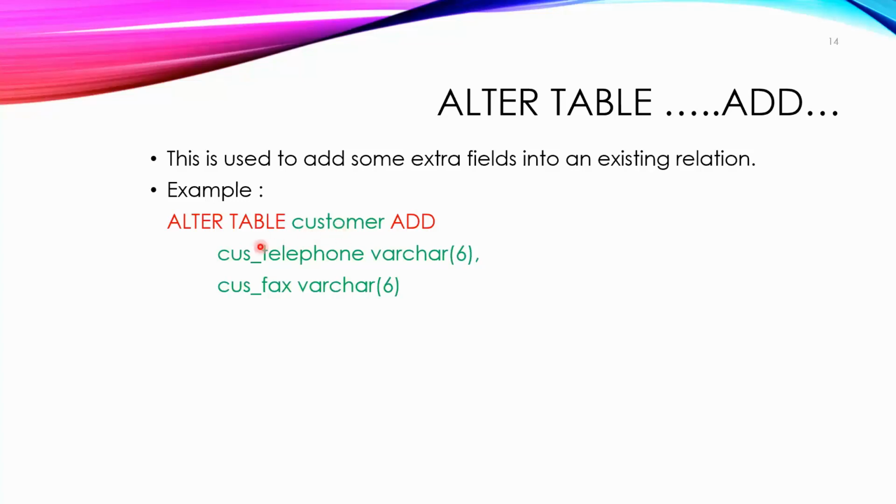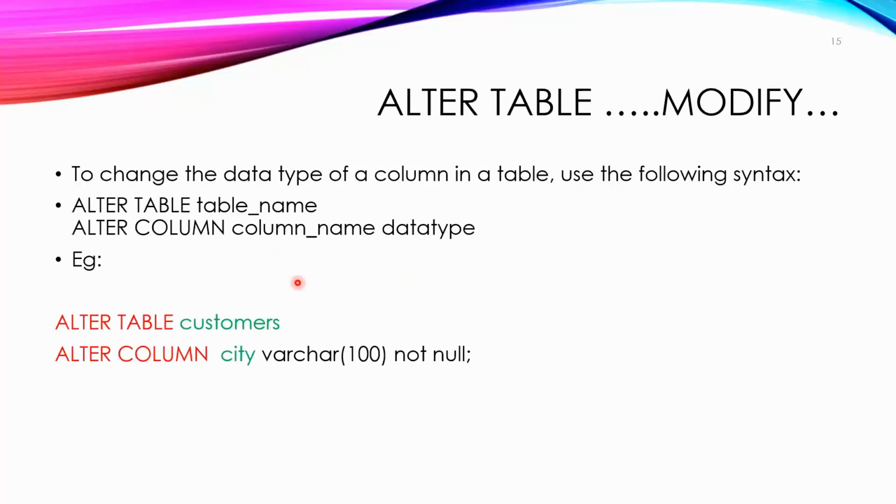So how you do it is, you alter that table. You have to give the table name, and you have to give the columns as well as the data types you are going to use for the newly added columns. Then, if you want to change any existing column, you can do it like this.